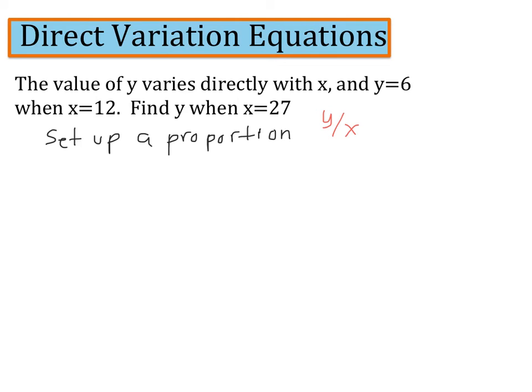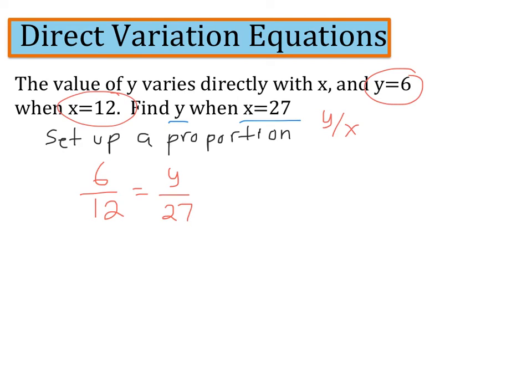So if we set up a ratio with these two values, we'll be able to set up a ratio with these two values, equate them to each other, and have our proportion. So we're going to have our 6 over 12 equal our y over 27.